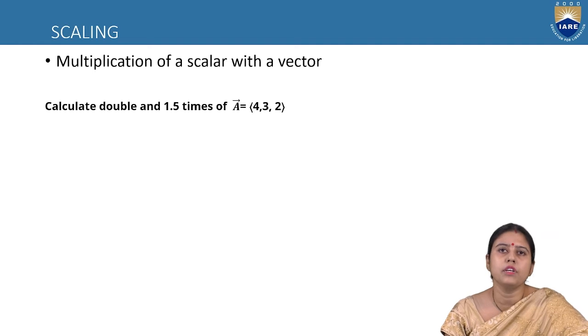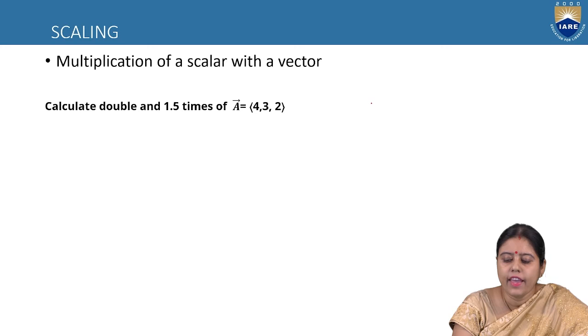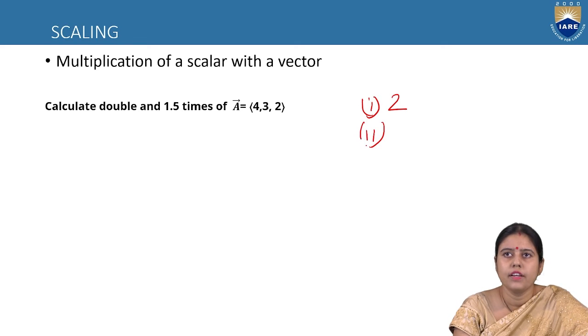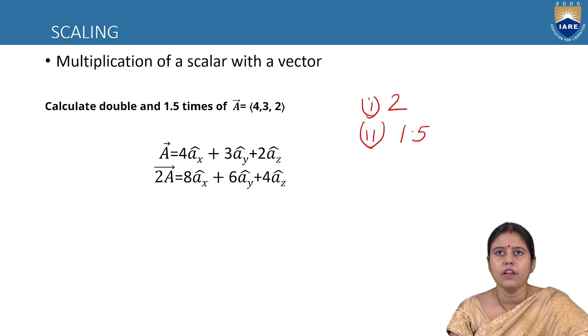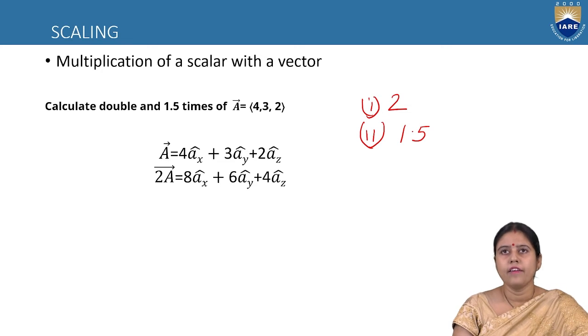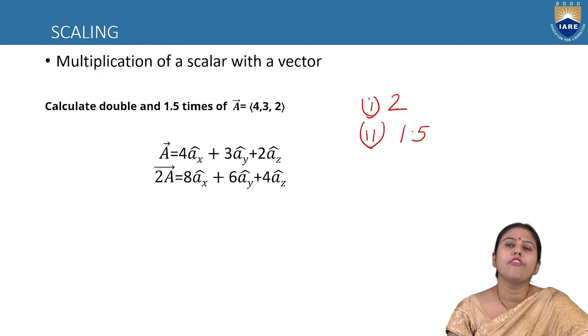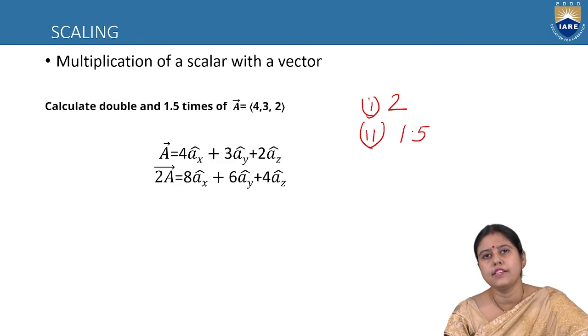Scaling means multiply a with a scalar. What is the value of the scalar? Case 1 it is 2. Case 2 it is 1.5. So what is our a, the position vector? 4ax plus 3ay plus 2az.